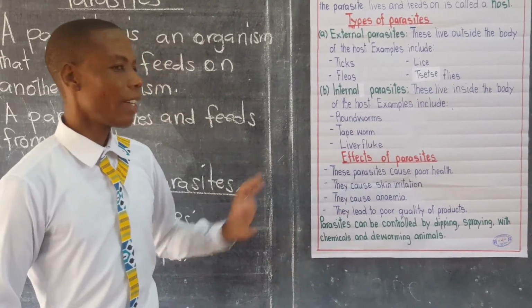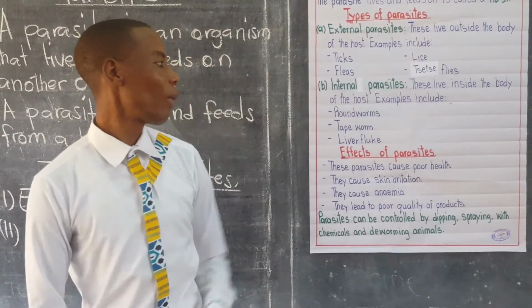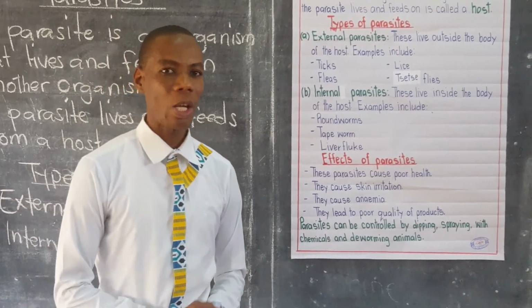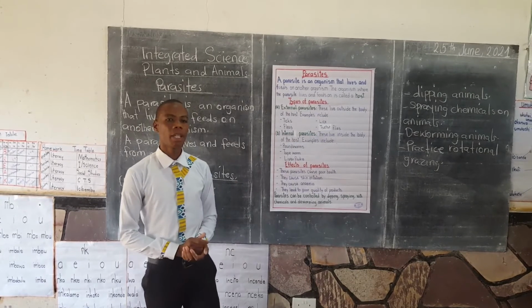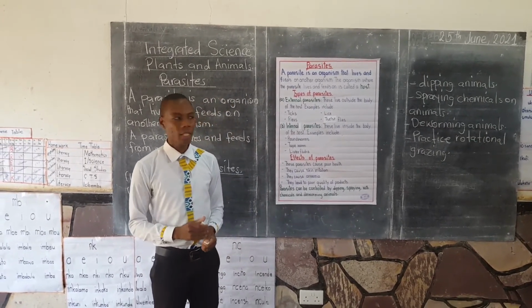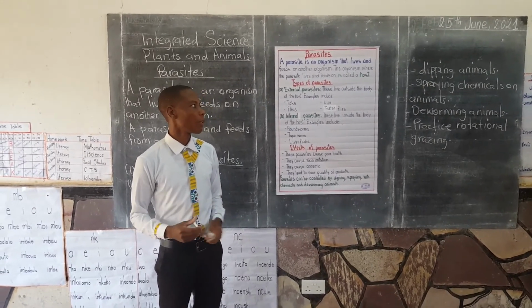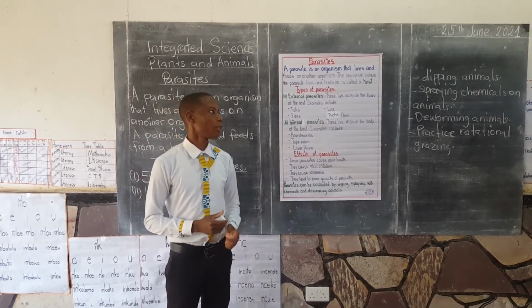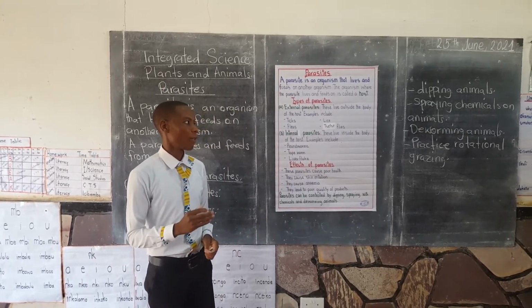Since we have seen the effects of these parasites, we can as well look at the control measures of parasites. We are saying one, dipping animals in chemicals. Where we can't manage to dip animals in chemicals, we are saying spraying chemicals on animals.